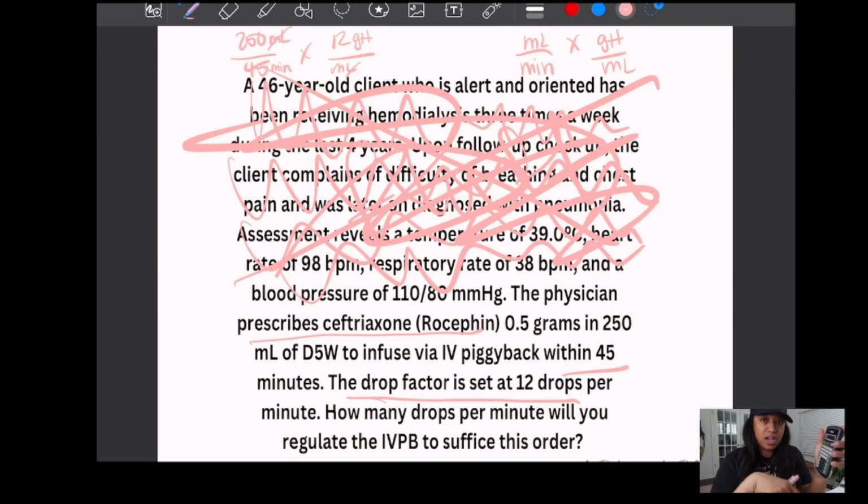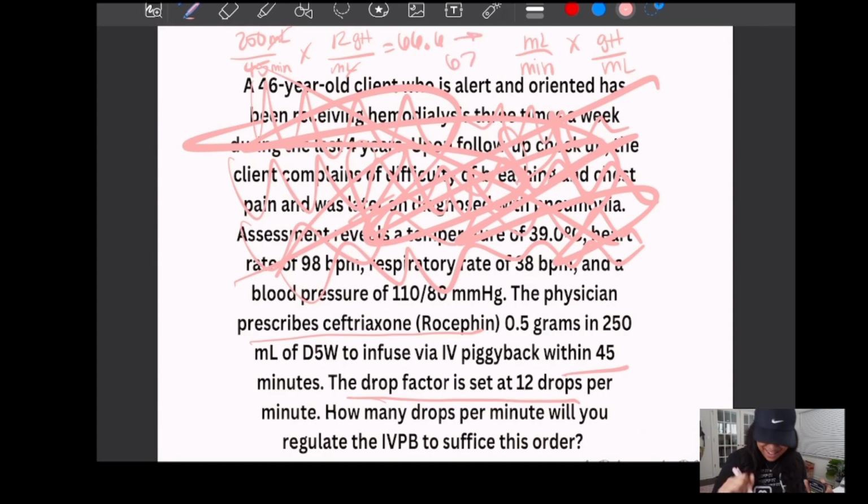So that's 45, and if you had one more value, you would hit divide again, but this is it. So less steps, less mistakes. And what we get? 66.67. Okay, we're going to round it.